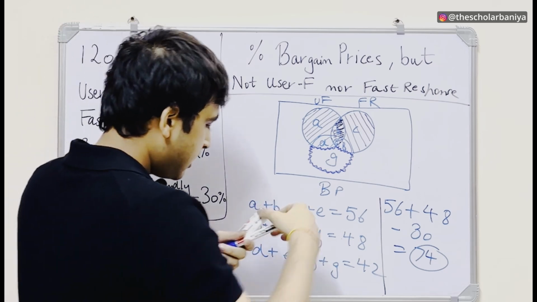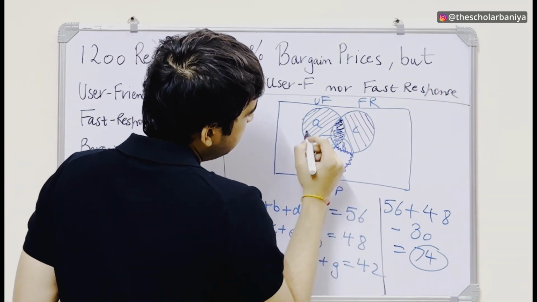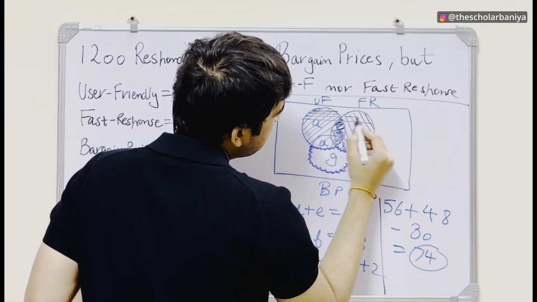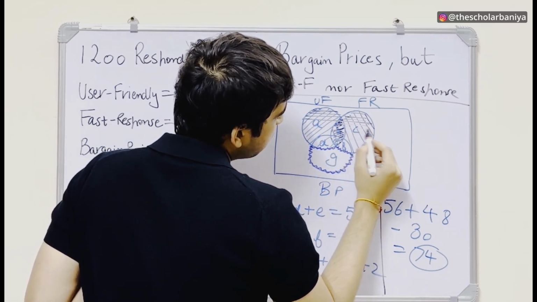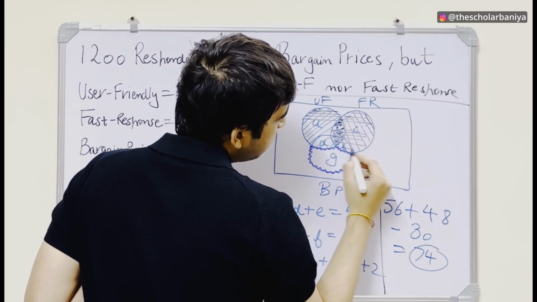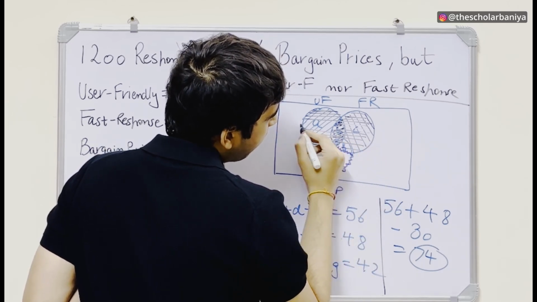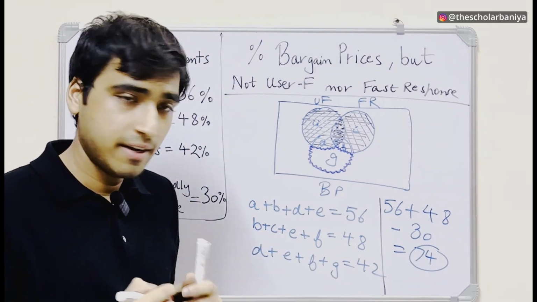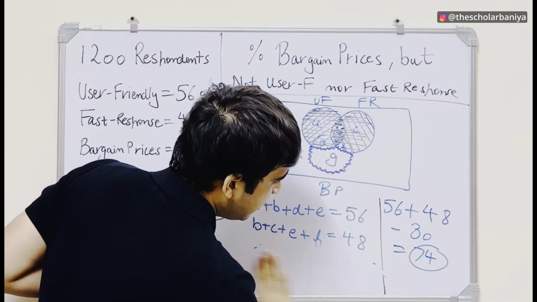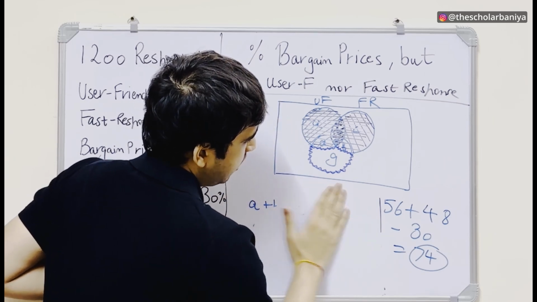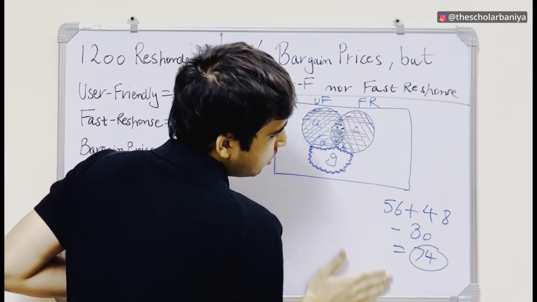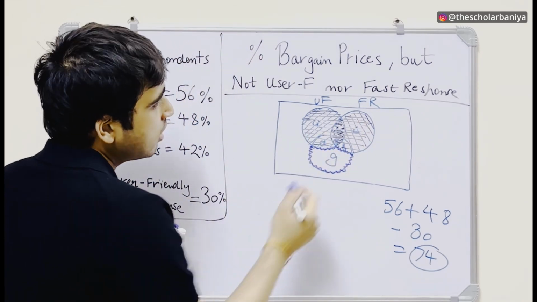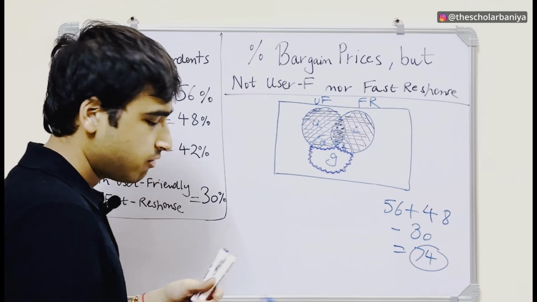That means this entire area comes out to be 74. And we know the entire thing is 100, for example.